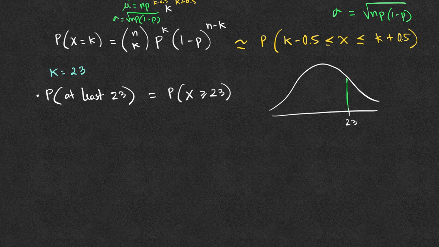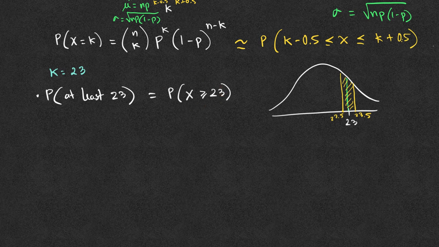We always add and subtract 0.5 for the correction. If we take 23 minus 0.5, we get 22.5. If we take 23 plus 0.5, we have 23.5. That one single strip of width 1 represents the number 23. The next question is, do we need to include 23 in this probability?